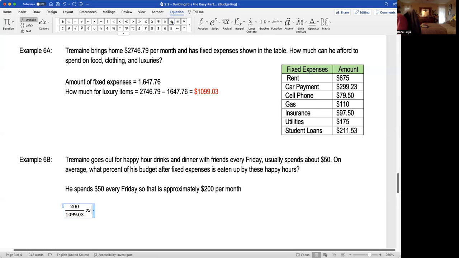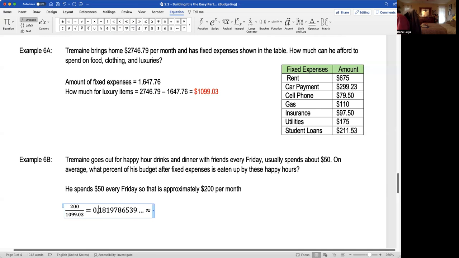So 200 divided by 1,099.03. They want the percentage. So let me go ahead and do the equals. So I got 0.1819786539... Okay, but I want the percentage.